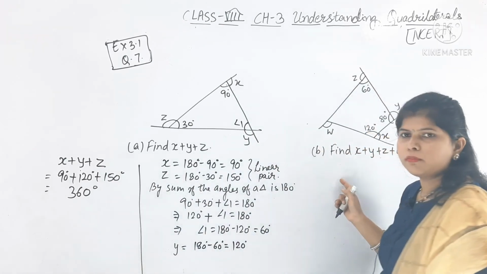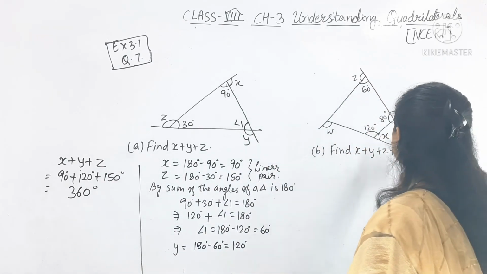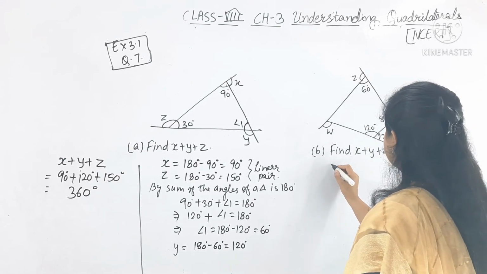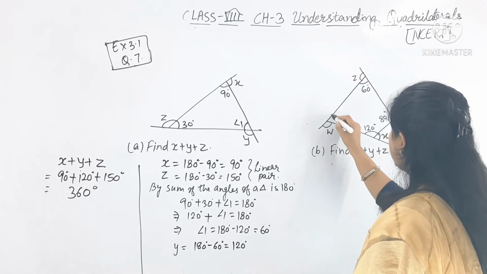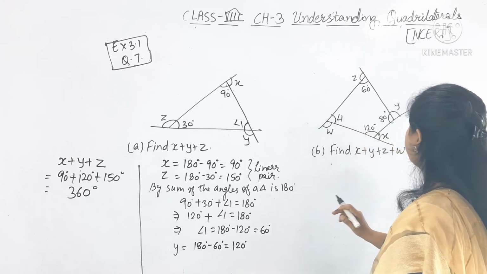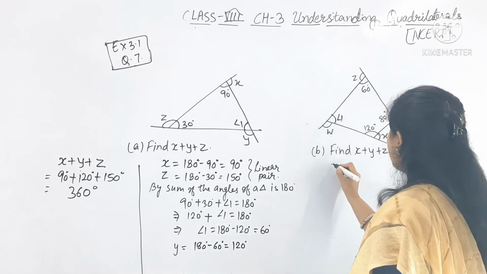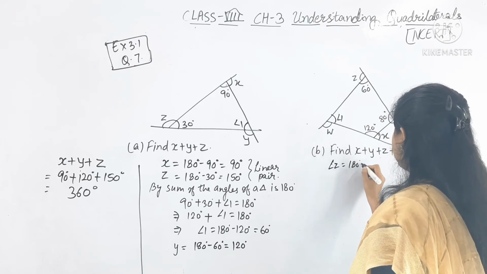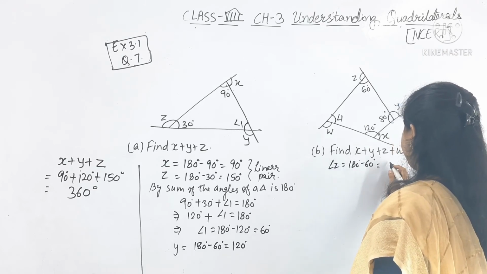Now come to the B part here. Here also by linear pair. Here I am writing angle 1. This is not given. This is the quadrilateral. So angle z is equal to 180 minus 60, that is 120 degrees.